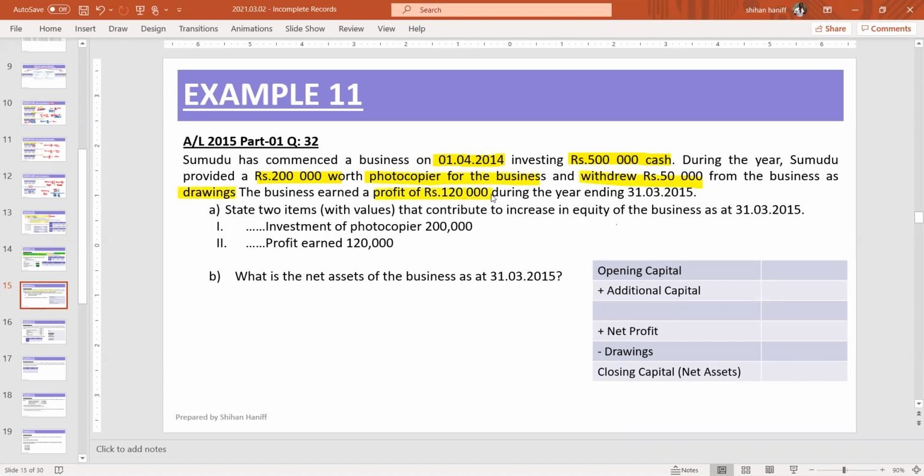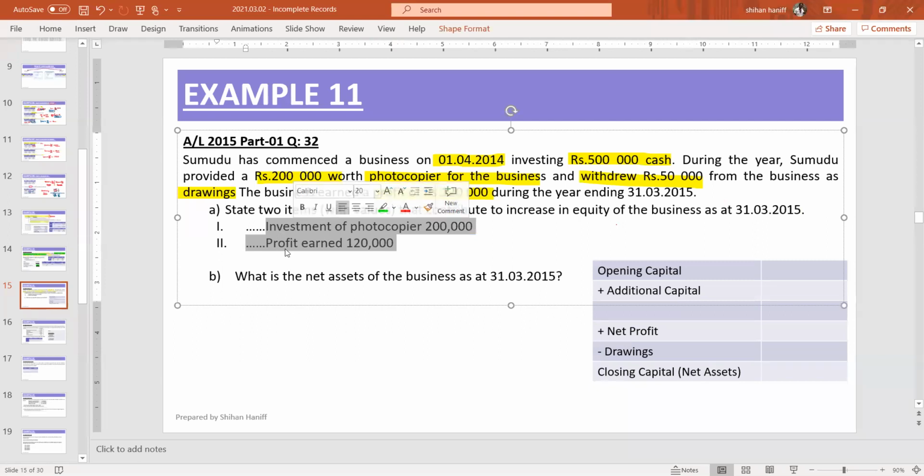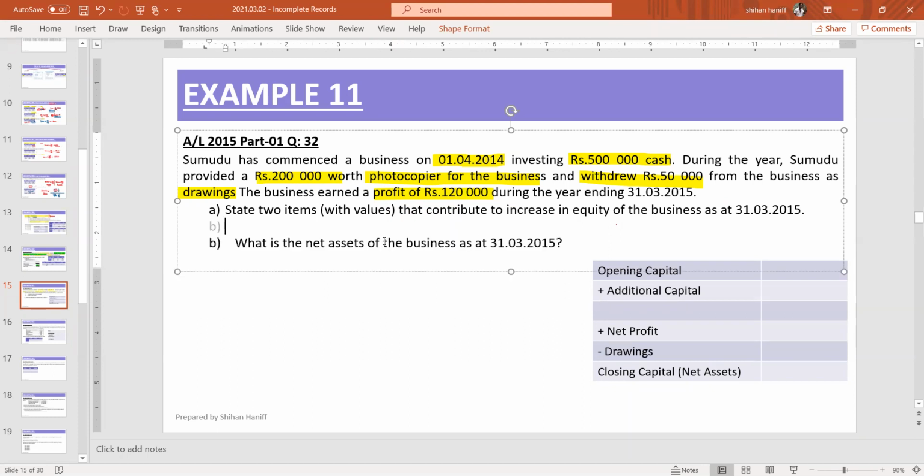Business earned a profit of 120,000 during the year ending 31st March 2015. State two items with values that contribute to increase in equity. Increase in equity.